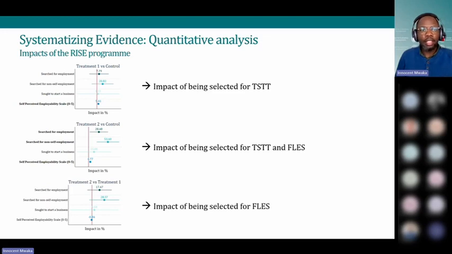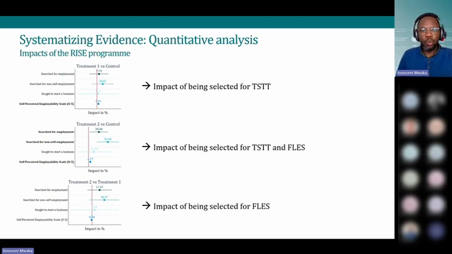And again here, what usually happens is you have to systematize your evidence. So let's say you have all your data that you've been looking at for the quantitative side, but then you have to do some preliminary analysis, show how this is done.